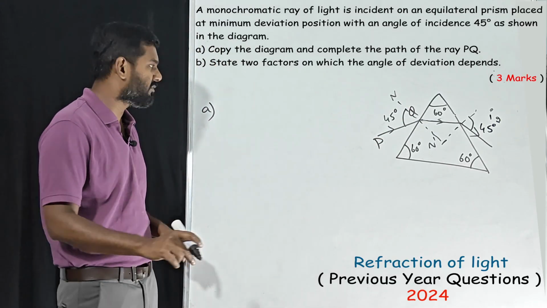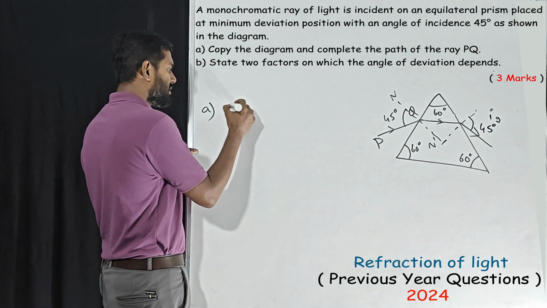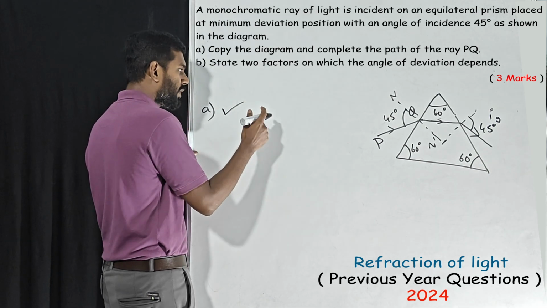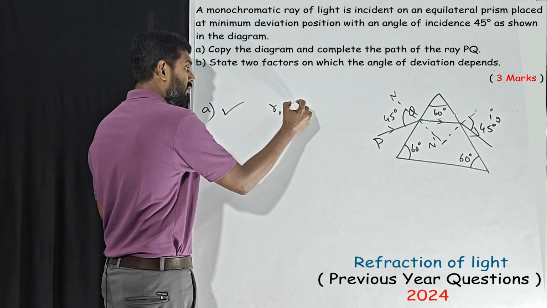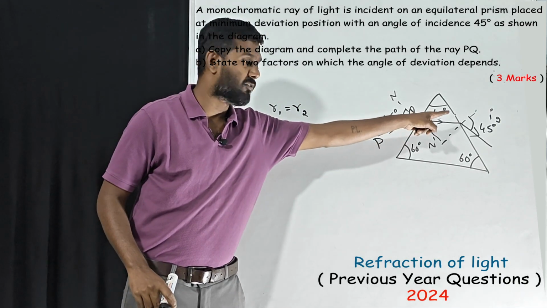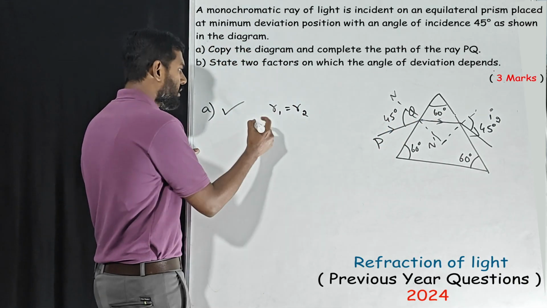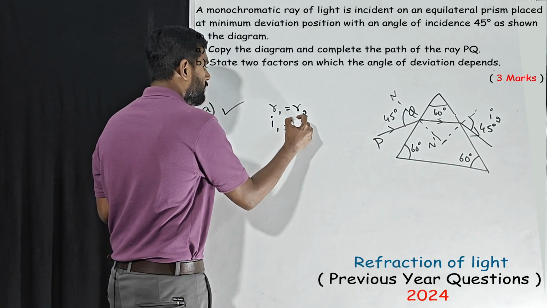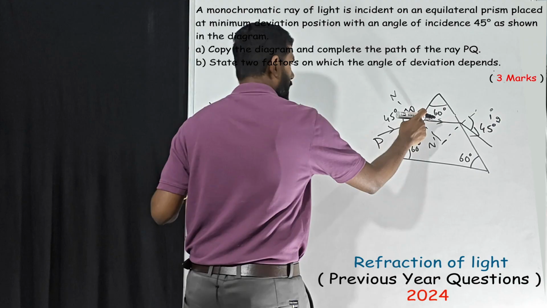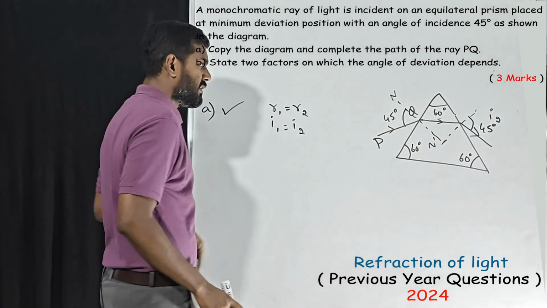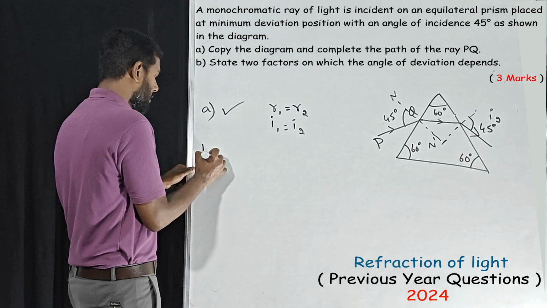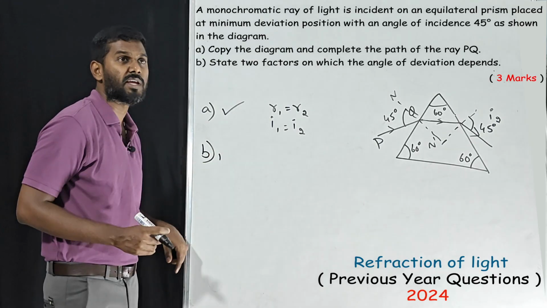Because in minimum deviation, you need to know these things: r1 will be equal to r2, i1 will be equal to i2, and the third important thing is that the refracted ray inside the prism will be parallel to the base. These are the 3 things you should know. Then we'll go for the second one.